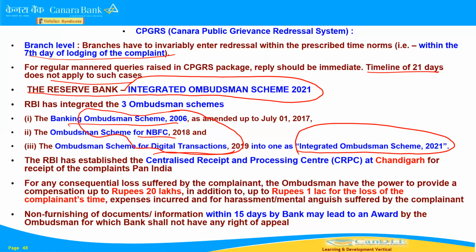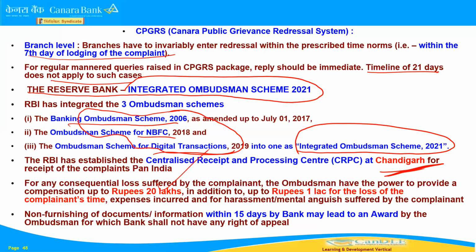And remember, the processing center is at Chandigarh for the integrated ombudsman. Internal ombudsman is different. Integrated ombudsman: these three, banking, NBFC, digital, are integrated. For them, the head office is at Chandigarh. The remaining I already discussed.